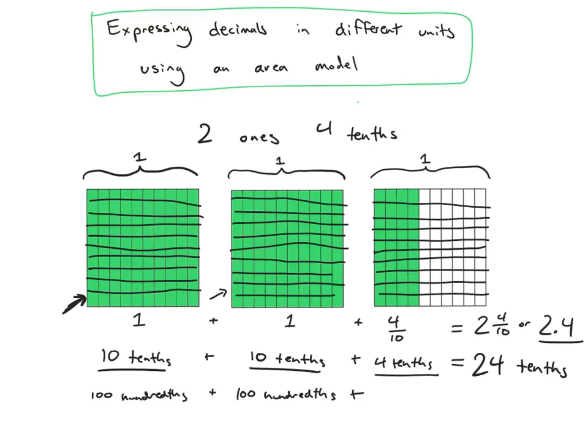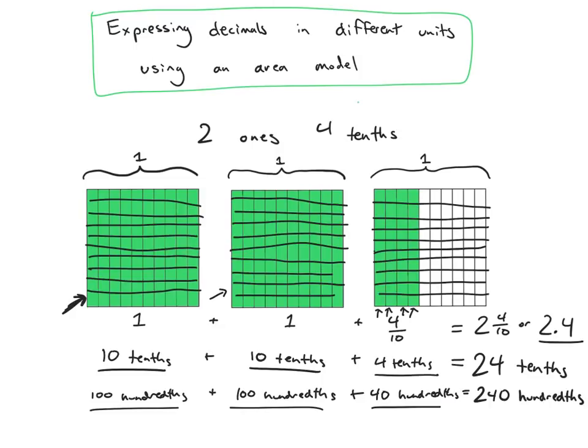And then right here we have 40 hundredths because each one of these little columns has 10 hundredths in it. So we have 40 hundredths. And so this gives us 100 plus 100 plus 40, which is 240 hundredths.